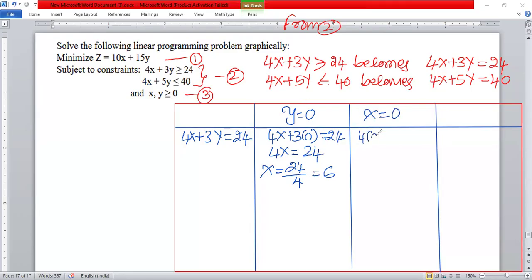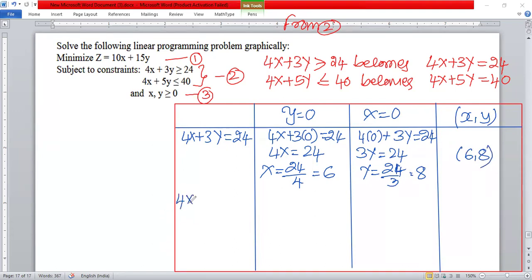So 4 into 0 plus 3y is equal to 24. So 3y is equal to 24. Y is equal to 24 by 3. So 8. So x comma y point 6 comma 8.